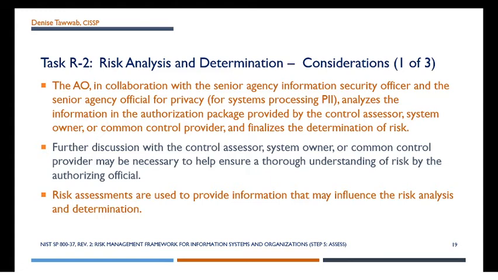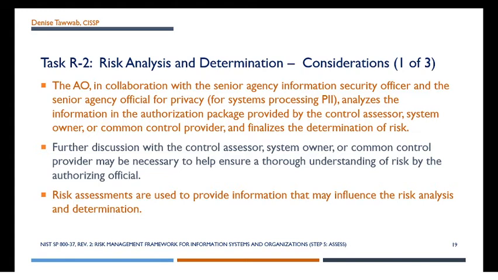All right, some things to think about in the risk analysis and determination task. Well, the authorizing official, in collaboration with the senior agency information security officer and the chief privacy officer for systems that process personally identifiable information, analyzes the information in the authorization package provided by the control assessor, system owner, or common control provider, and finalizes the determination of risk.